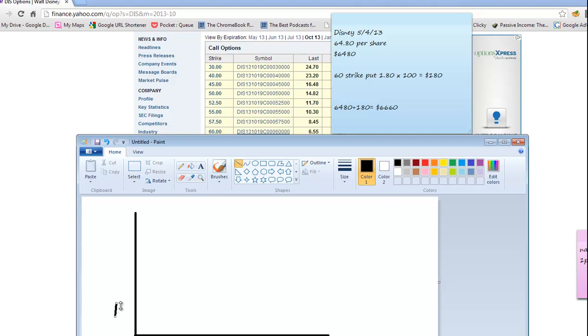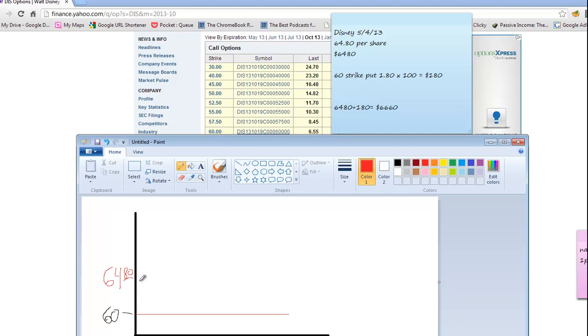This is the most I could lose right here. I bought the stock here at 60. We'll just round up to 64. This is pretty hard to do with a mouse. 64.80.